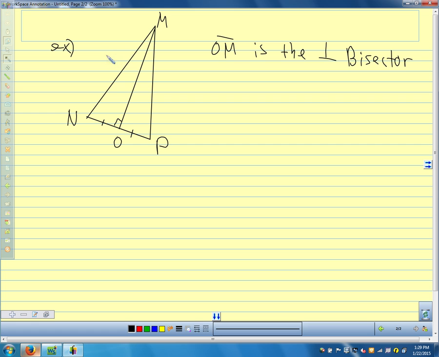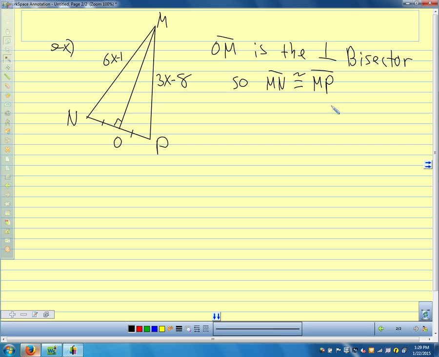So I'm going to say this side is 6x minus 1, and that side is 3x minus 8. Since OM is the perpendicular bisector, what do we know about segment MN and segment MP? They're equal, they're congruent, their lengths are the same. So MN is congruent to segment MP.